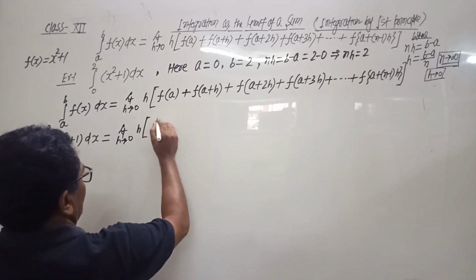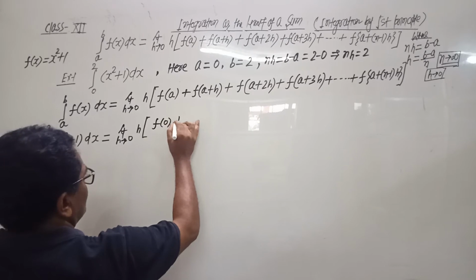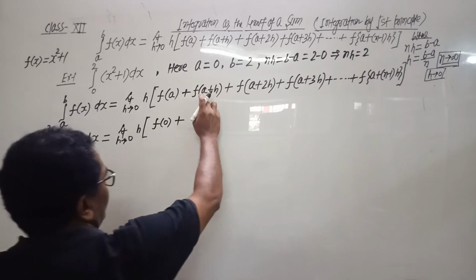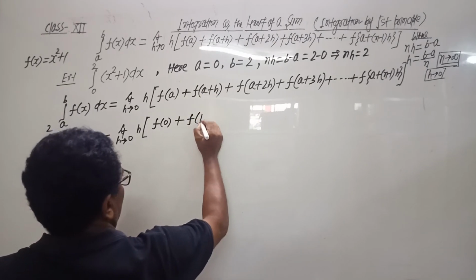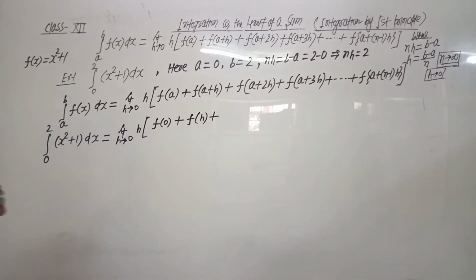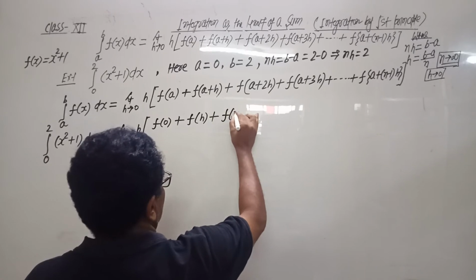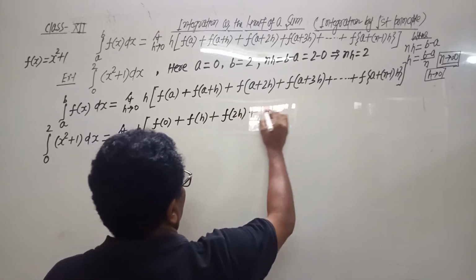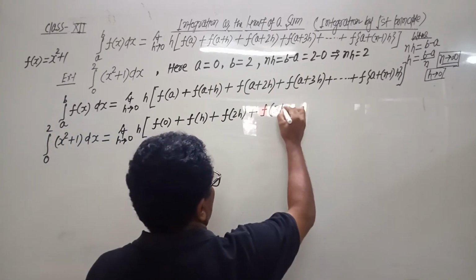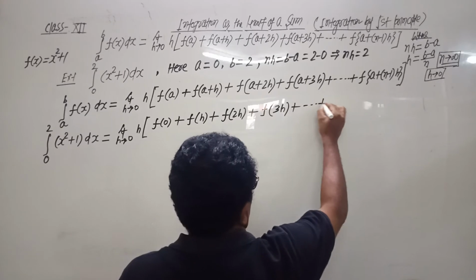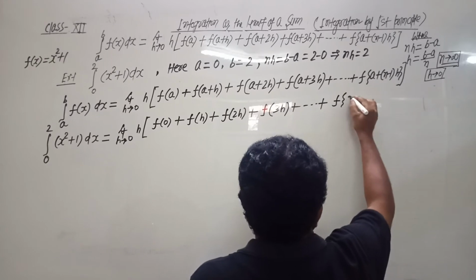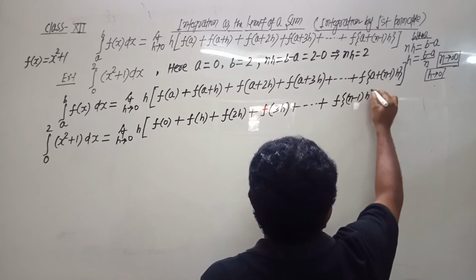So this becomes f of 0 plus f of a plus h, that is f of 0 plus h, which is f of h, plus f of 0 plus 2h, which is f of 2h, plus f of 0 plus 3h, and so on, plus f of n minus 1 into h.